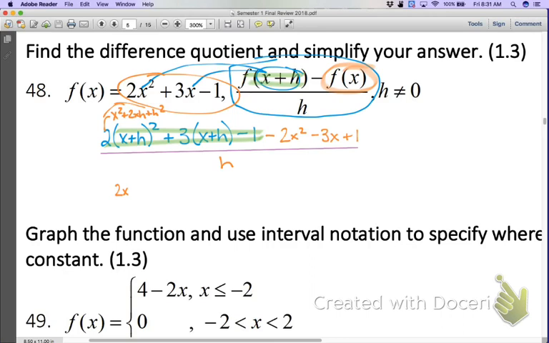So 2x squared plus 4xh plus 2h squared plus 3x plus 3h minus 1 minus 2x squared minus 3x plus 1, and then it is all over h.